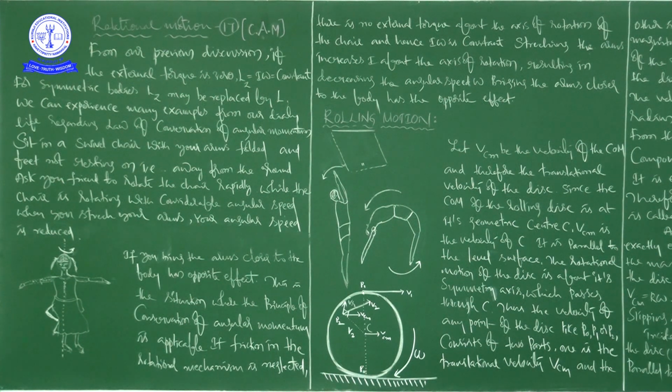And if you go to the magnitude, the magnitude of VR is R omega, where omega is the angular velocity of the rotation of the disk about the axis and R is the distance of the point from the axis.